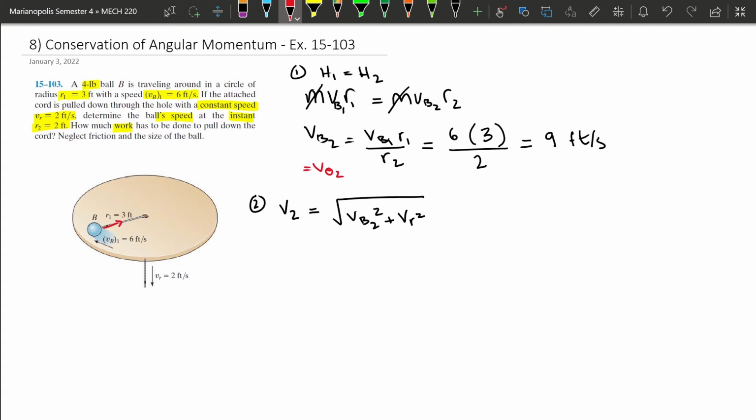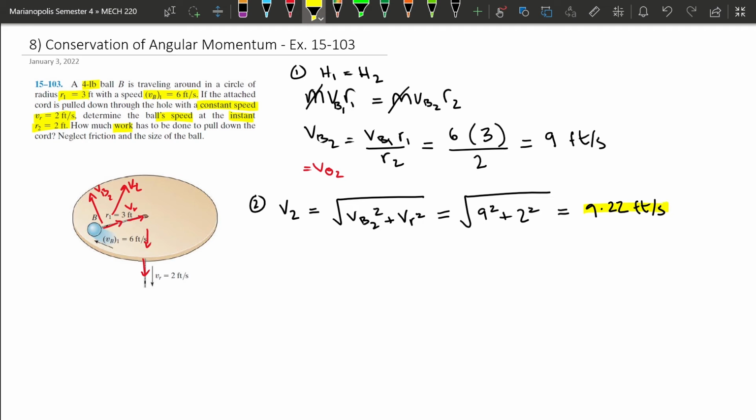Because I know vr is constant at every point here. vr is the same as I'm pulling down the cord. So if this is vr, my vB2 is going this way, and that means my v2 will be somewhere like there. So I have the square root of 9 squared plus 2 squared, and that gives me 9.22 feet per second.